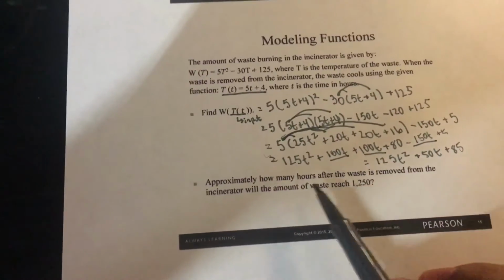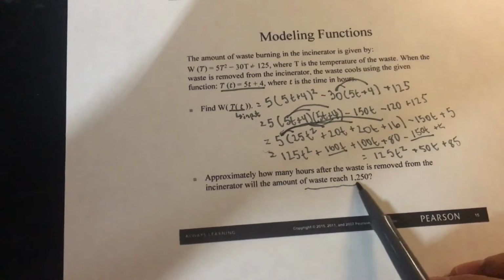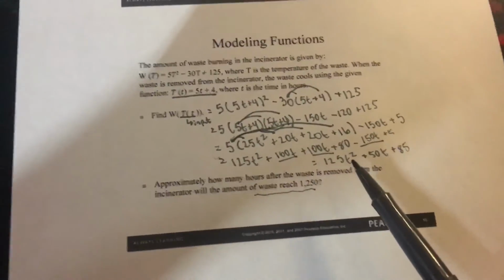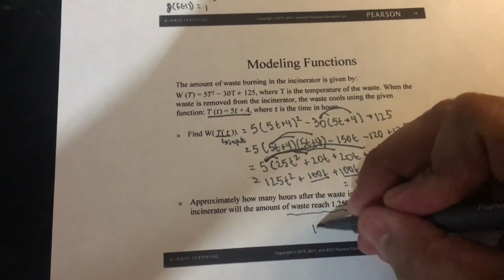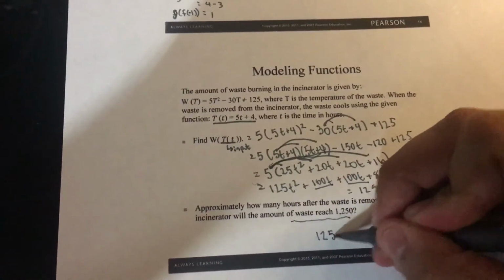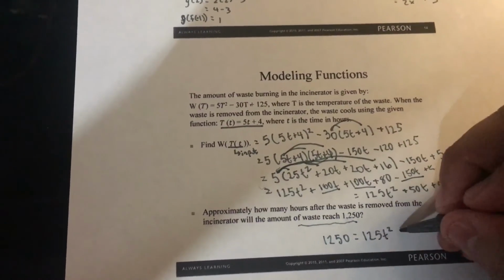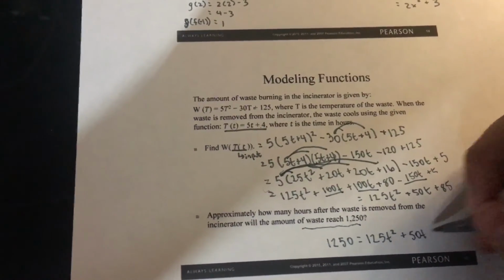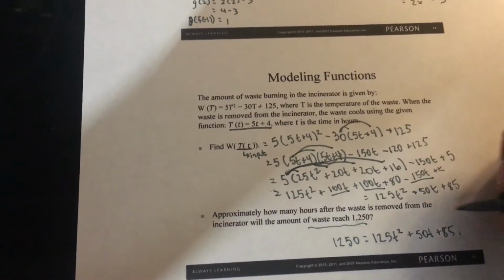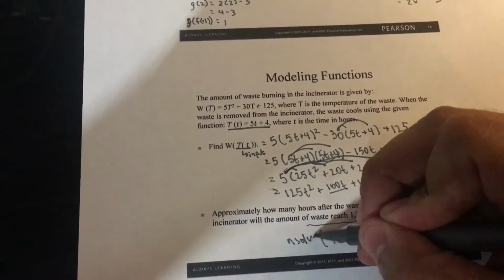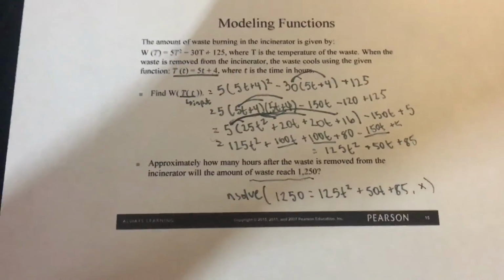Now remember, they're telling me waste, which is W, right? So, since we already have our equation set up in time, what they're really telling me here is when will it equal 1250, this whole equation. And if I use NSolve here, I will find my answer.